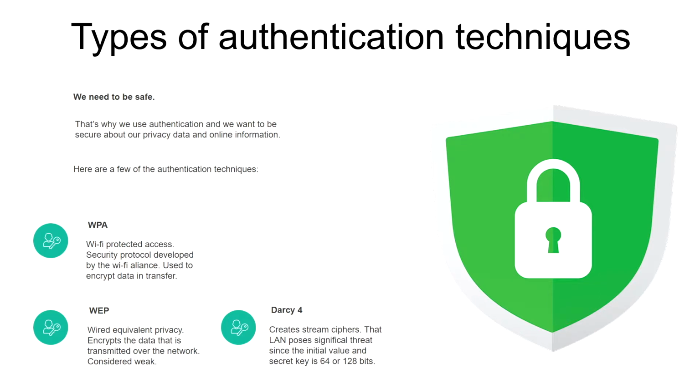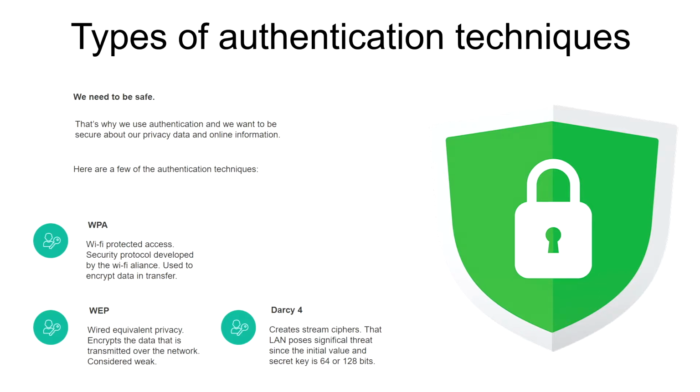Moving forward, I can also say that WEP authentication uses the RC4 encryption algorithm in order to create stream ciphers, and that poses a significant threat since the initial value is 24 bits long, while the secret key can either be 40 bits or 104 bits long.